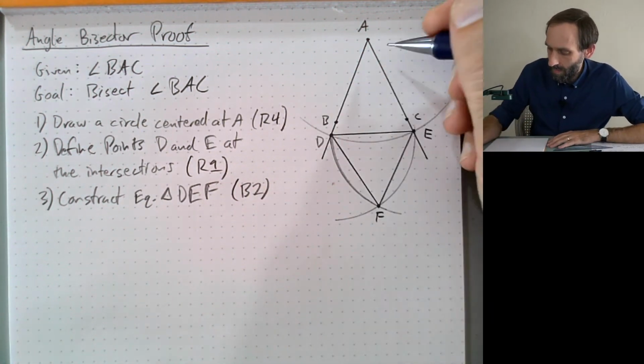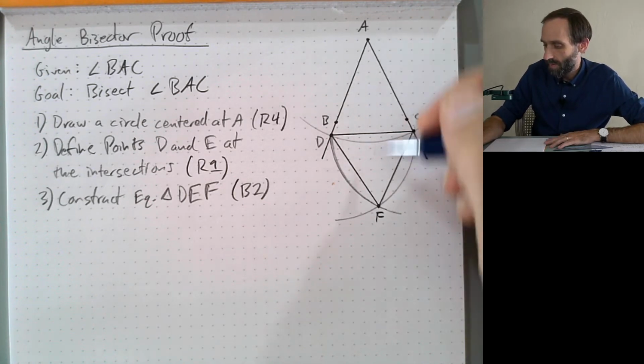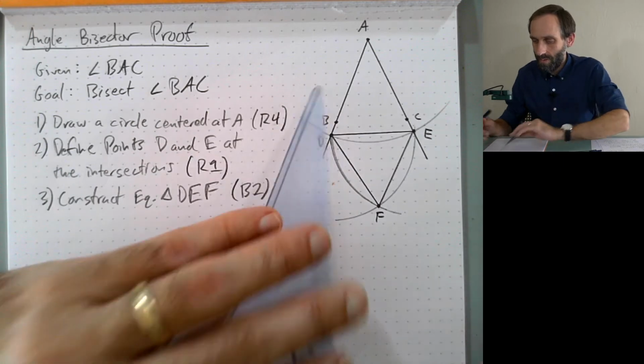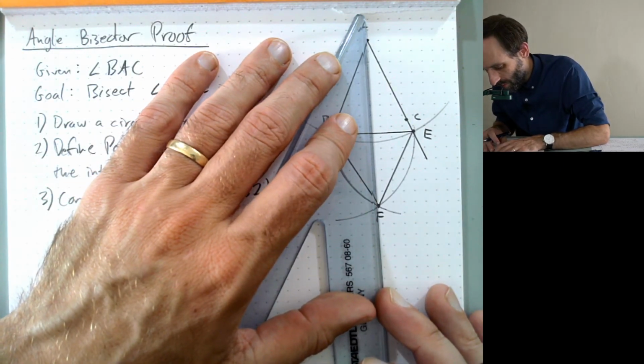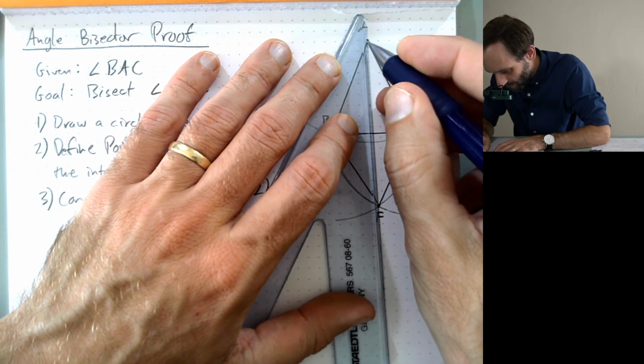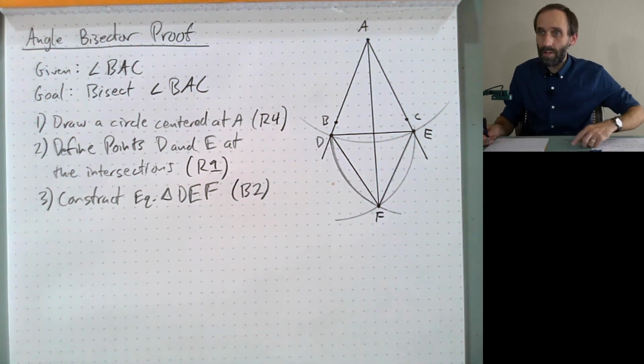Now, as you recall from the construction, the bisector was the line that I draw from A to F. Let's go ahead and draw that line in here, and then we'll add the step to our proof. So there's the line.